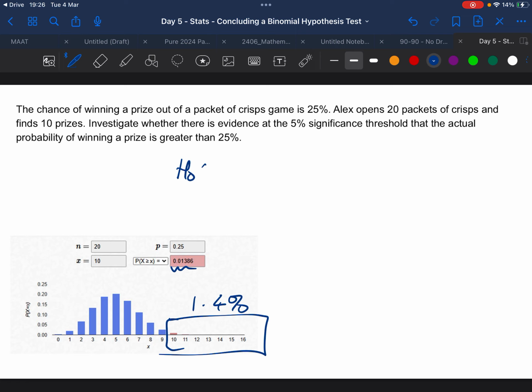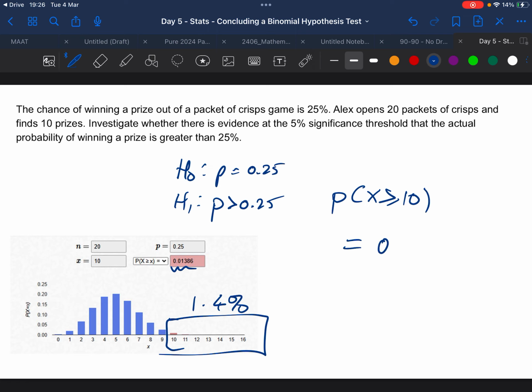So we would say, well, our null hypothesis is we believe what we are told, and if we get a special result, we believe that it's more than 0.25, and this is a special result. So the probability of X being greater than or equal to 10, it's always got to be 10 or more extreme, is 0.01386.